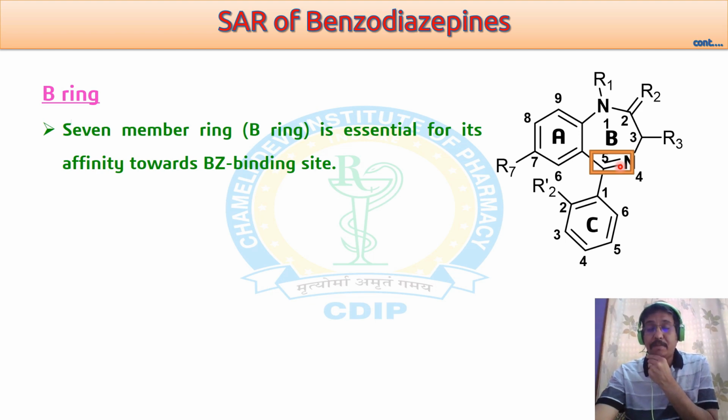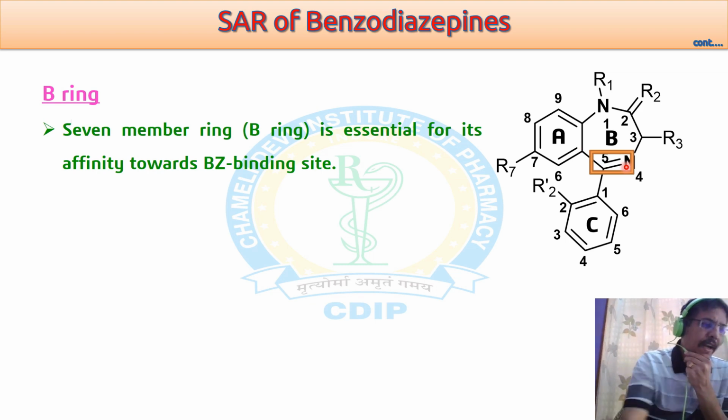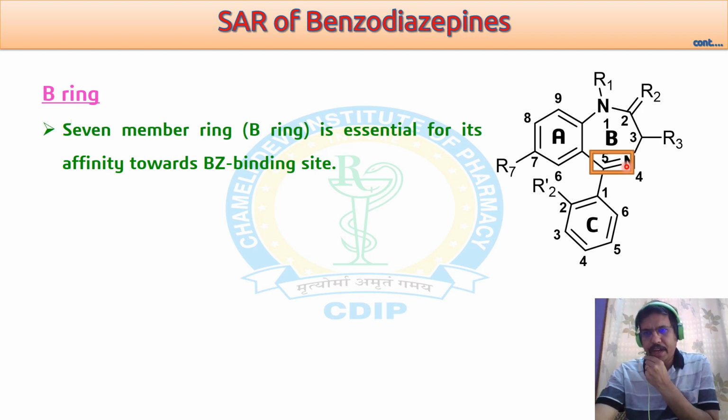So they give the diazepine type of ring system. In that condition, they can bind on the benzodiazepine receptor, which is the benzodiazepine binding site located in the GABAergic receptors. So ultimately, in this B ring, that diazepine ring is essential, but still there are things where we can go for some modification in this B ring.